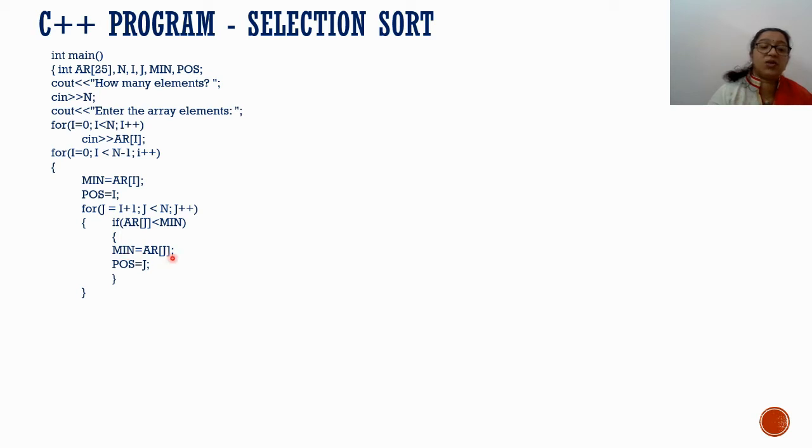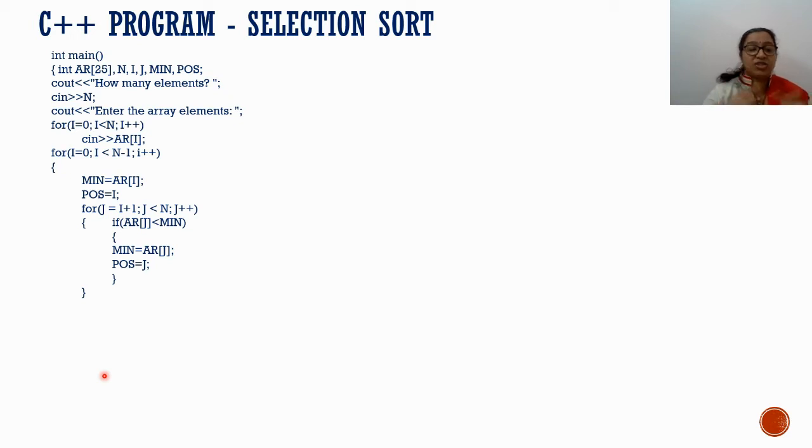So min is equal to AR of 1, meaning the first index position value will be stored in min, and the position will be overwritten. POS is 0 the first time, so that is overwritten to 1. Again with the third, again with the fourth, fifth, like that we want to repeat it. So after this loop, we will get the smallest element in min and its position in POS.